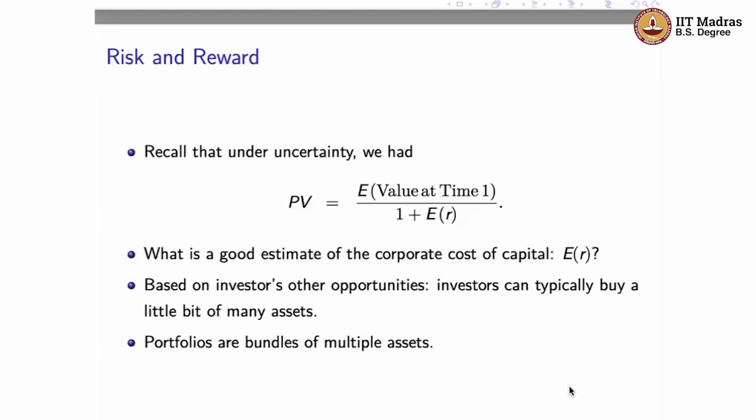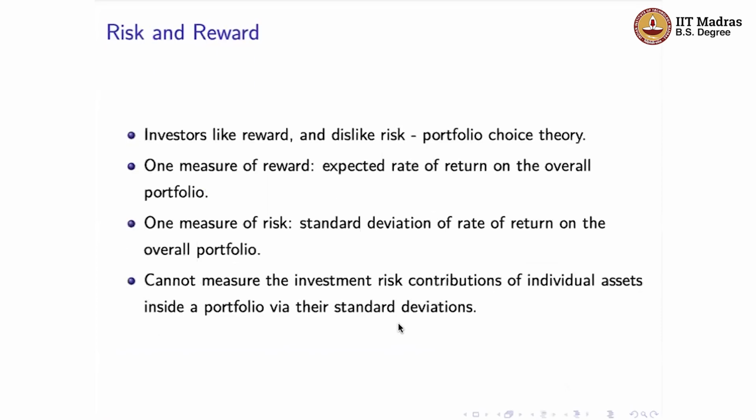And whether the investors actually want to have the asset or this project in their portfolio depends on what opportunities are available to them, right? So typically investors buy a little bit of a lot of assets, and we can think of portfolios as bundles of multiple assets. So the question is, how can we get this project into being a part of this investor's portfolio, right?